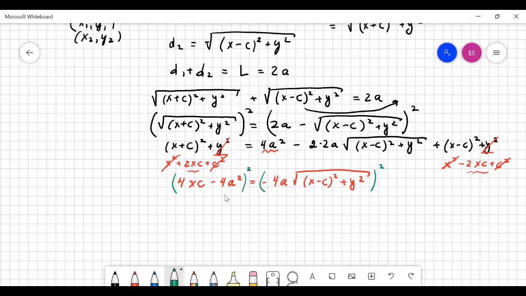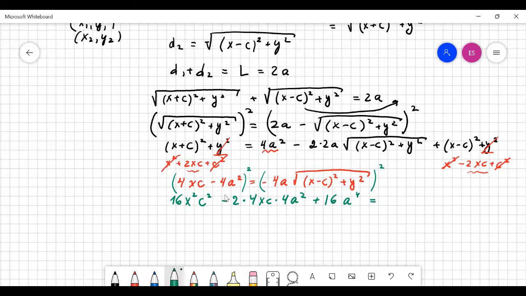So 4 squared is 16, right? x squared is x squared. This is c squared, right? Then minus 2 times 4xc times 4a squared, this multiplication, and plus 16a to the power of 4. Square of 4 is 16, and square of a squared is a to the power of 4.